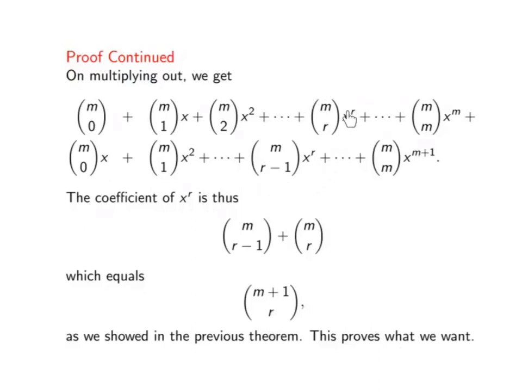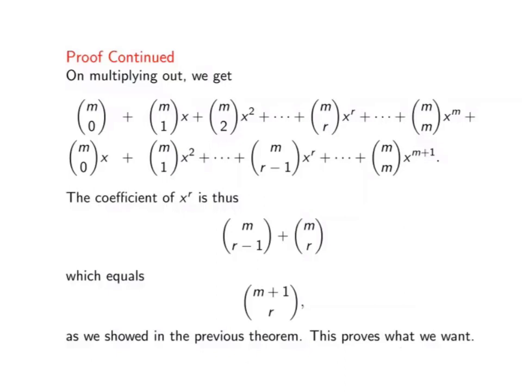Therefore, we can see that whenever we have the common terms x^r, we will add these two values together and get a new binomial coefficient. And we have combined the like terms in this way. And therefore, the binomial formula for (1 + x)^n is correct.